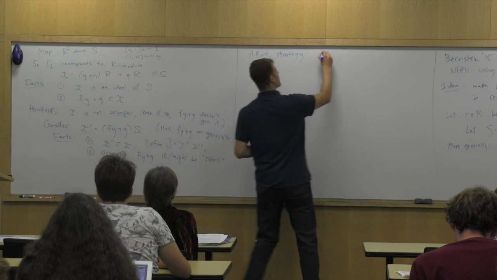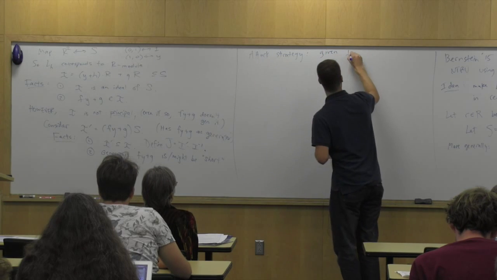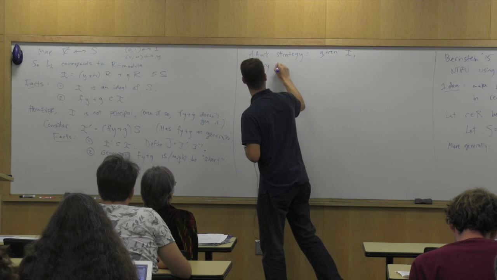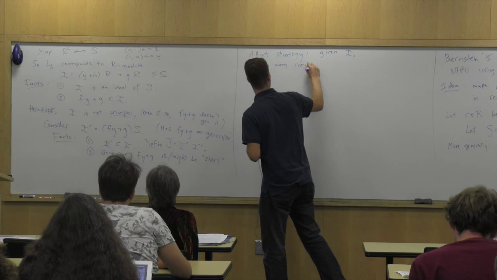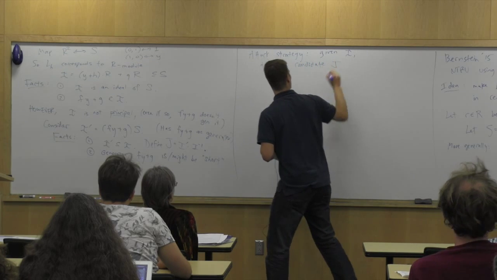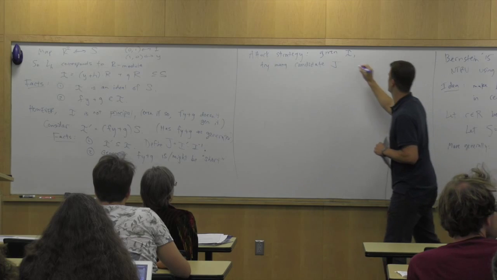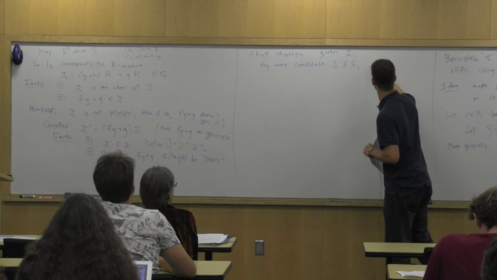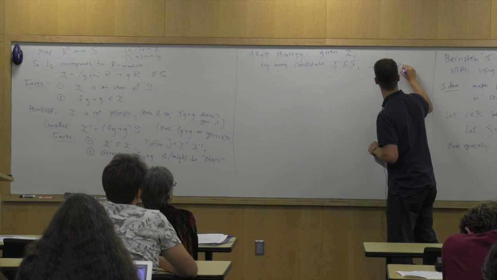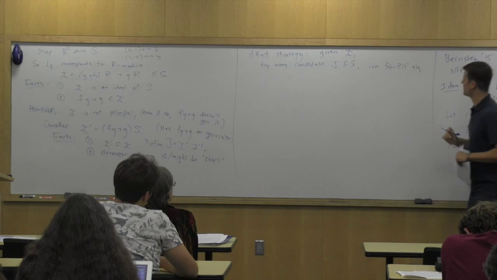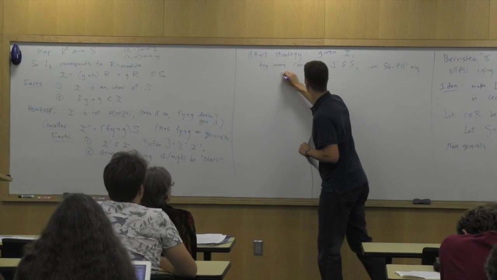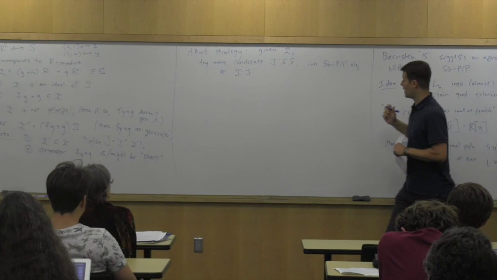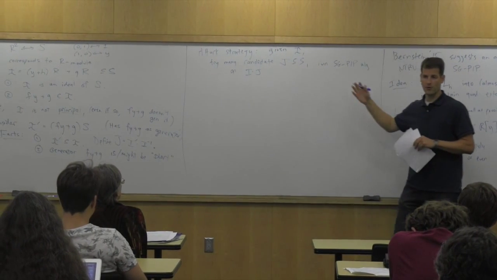So given the ideal I, what we'll do is just try many candidate J's, ideals J in S. Run our SGPIP algorithm on I times J. Either it gives us an answer or it doesn't.